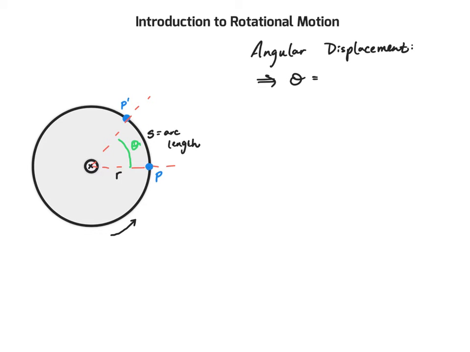Theta is going to be equal to our arc length divided by the radius of that object. It's important to know here that our units for theta when we're talking about rotational motion are going to be in radians. Now before I move on too far, let's say that P started here, and we had one full revolution. We're going to say that one revolution is equal to 2 pi radians.